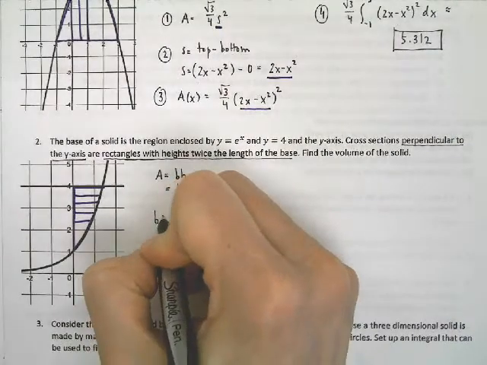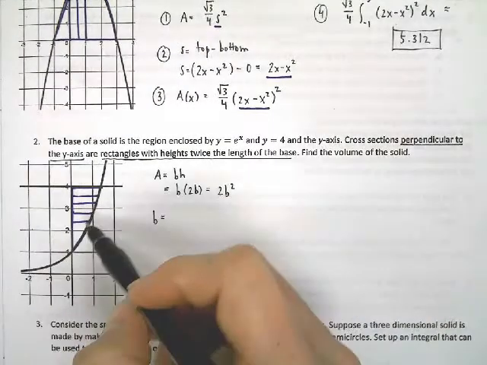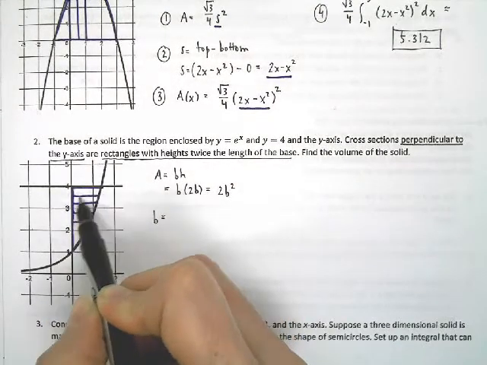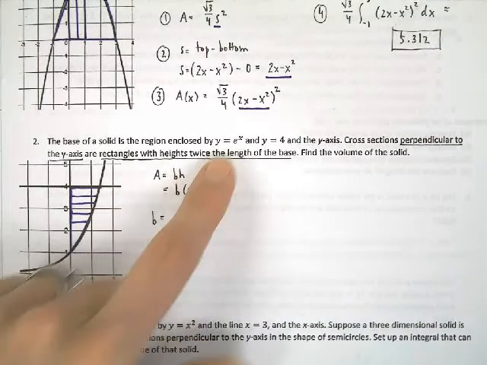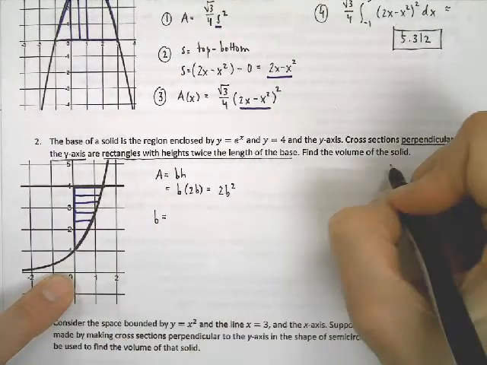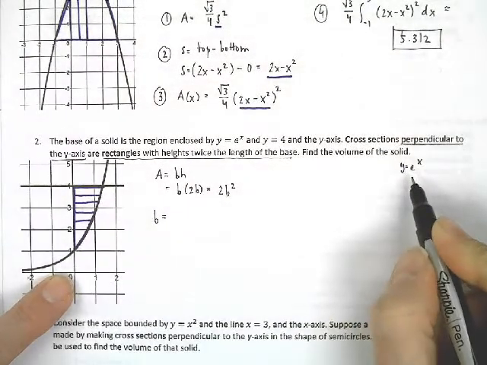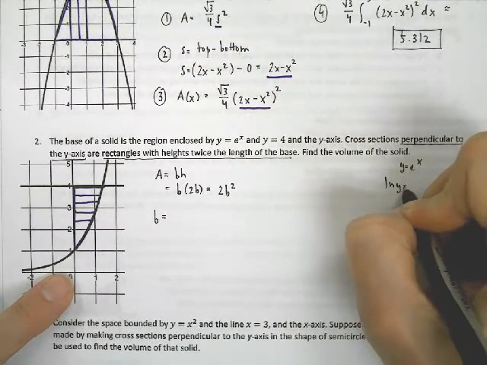Now, I need to figure out what that b is. Since we're going with respect to y, I know b is going to be defined by this distance here. I'm going to take my right curve minus my left curve. Well, now here I have to do a little bit of work. Since y is equal to e to the x, I have to get this solved for x in terms of y. Well, luckily now you guys have had a lot of practice with this.